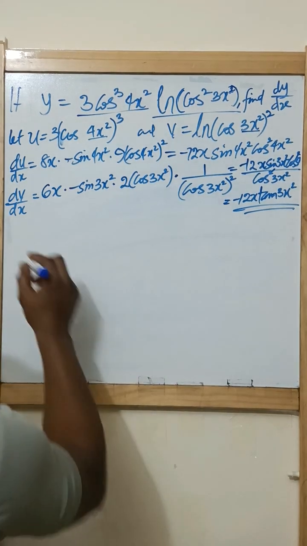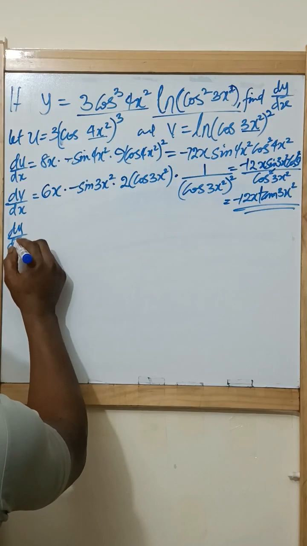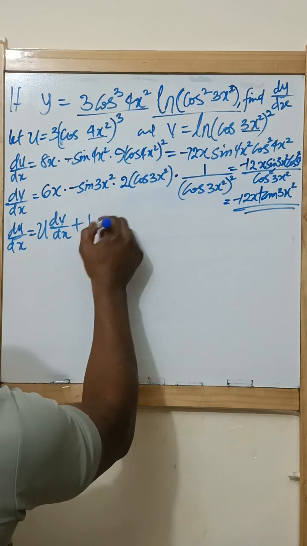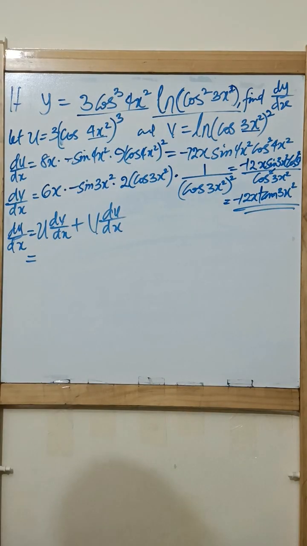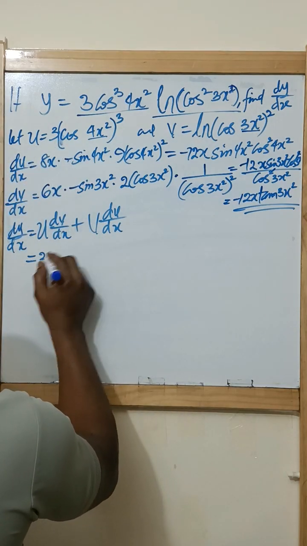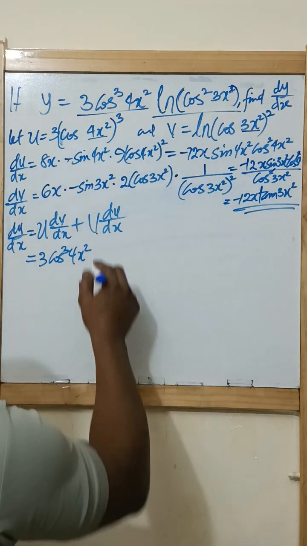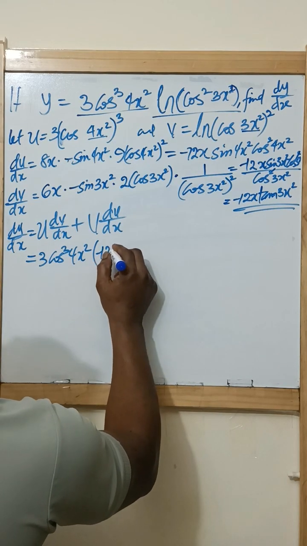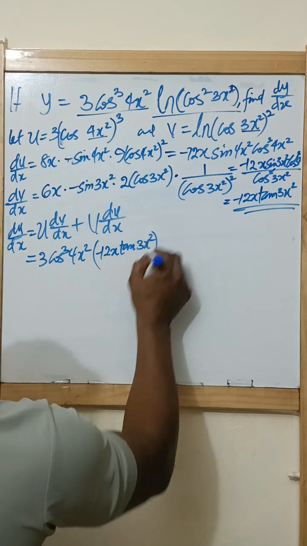Having done that, we now find dy/dx, which is u dv/dx plus v du/dx. So what is u? u is 3 cos cubed 4x squared. The dv/dx is minus 12x tan 3x squared.